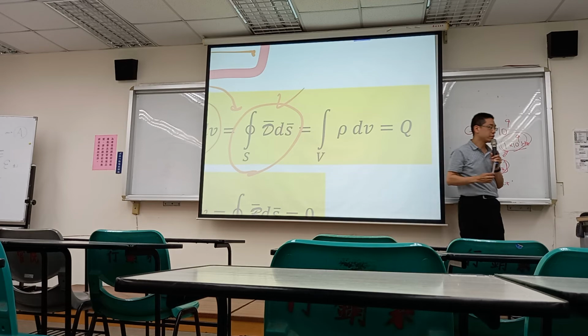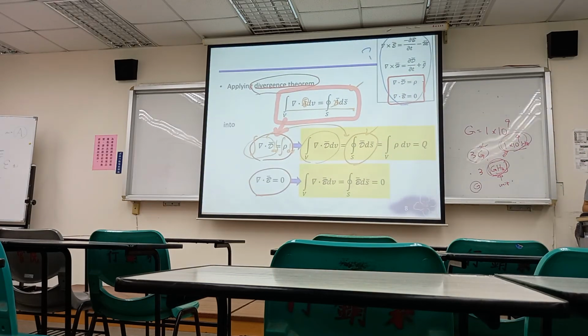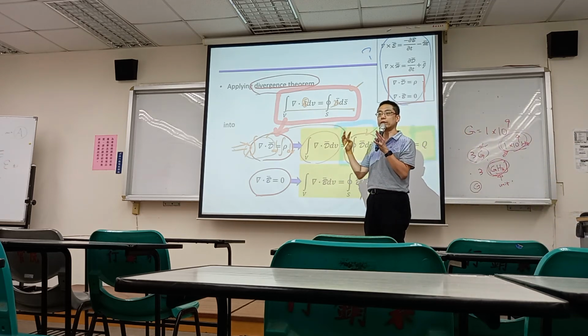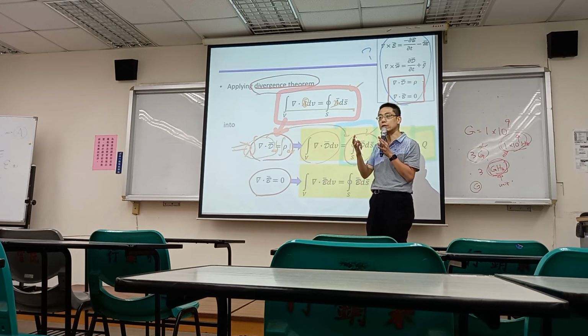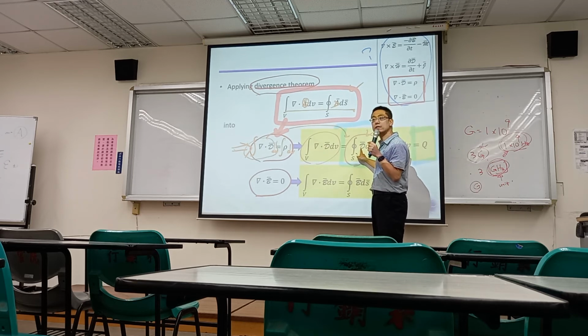Okay, so what is the result? From this equation, you will know that this one will become Q. You have a field, E field, and you know what the material is, you can obtain the D, the electric flux density, right?